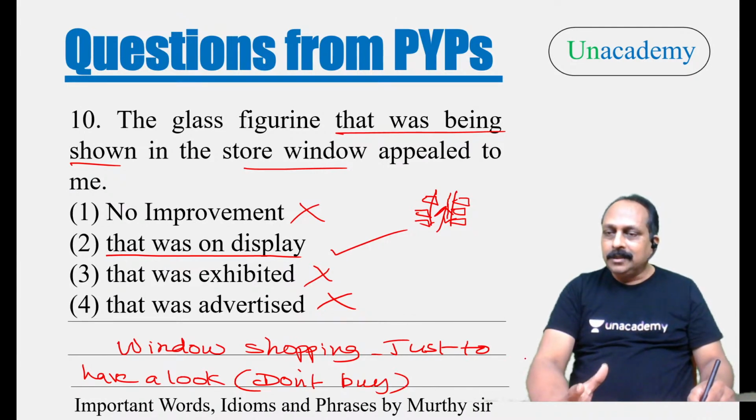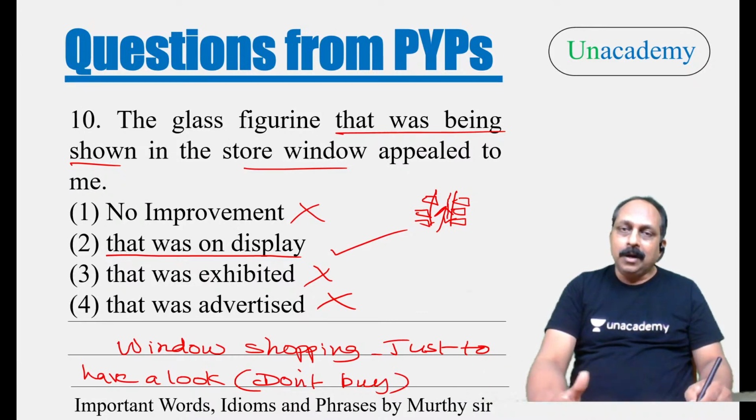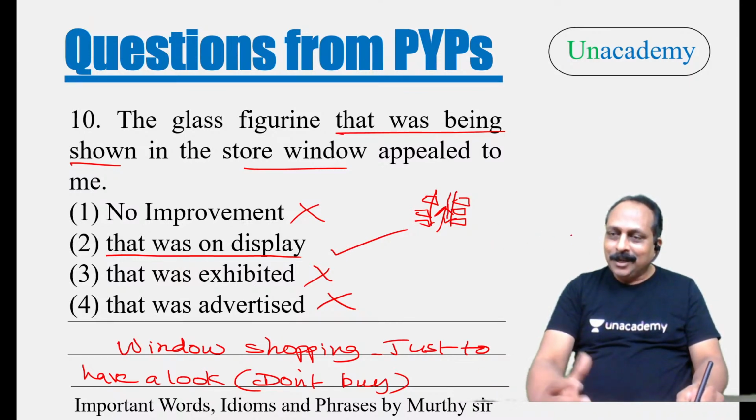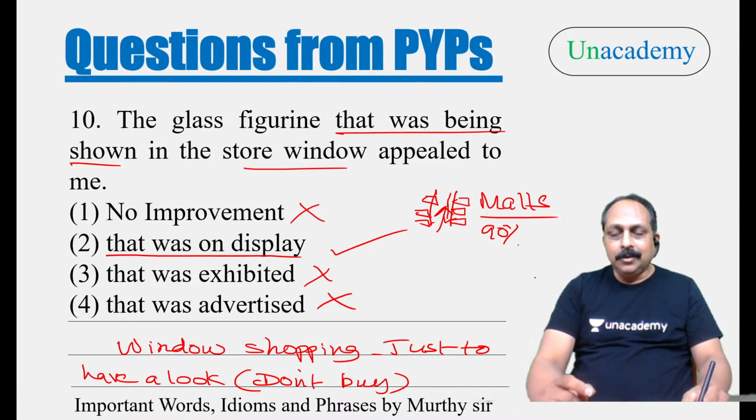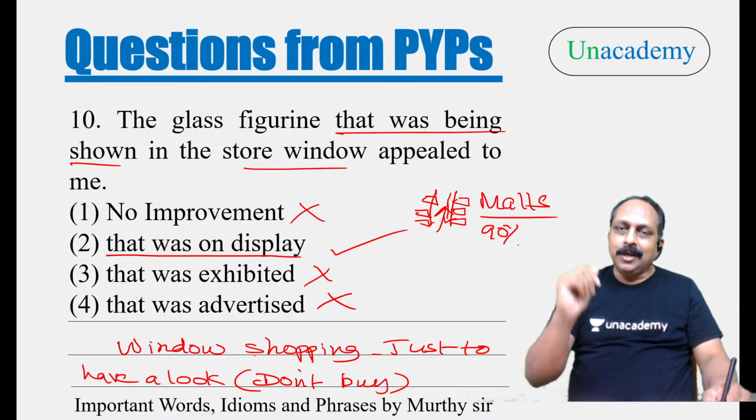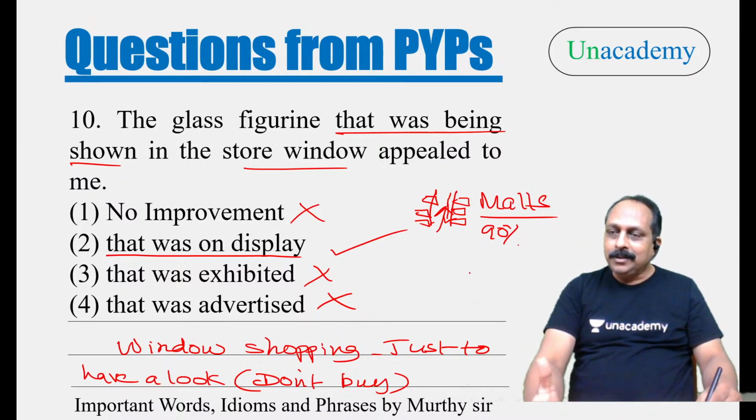Usually, if you go to big cities, the downtown, the busiest marketplace, it's very expensive. A lot of people can't afford it. So what they do, they go to that place, time pass, exactly. That's what they do. And today, now we talk about malls. A lot of people go to malls. In my opinion, 90%, I reiterate, 90% do window shopping, just to take selfies and for time pass, they go. They don't buy the stuff usually.